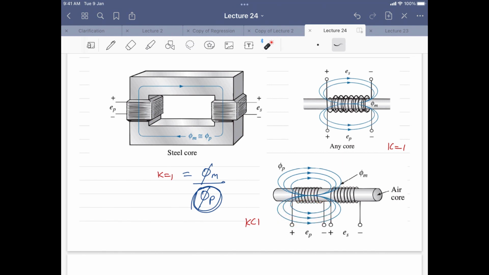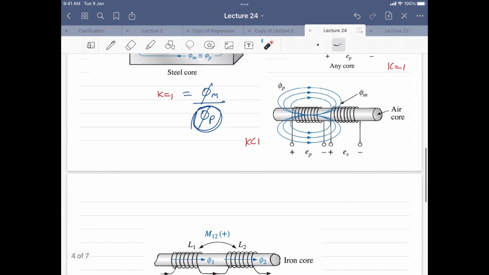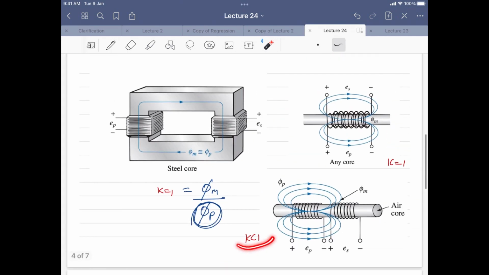And we have this inside as an air core, so it's basically an air core where there is no connection in between the two. So in an air core you will have K less than 1, because of the flux linkages going this way. So phi m is always less than the flux linkage that we have for phi p, the primary coil.